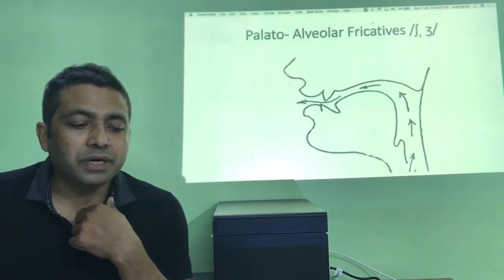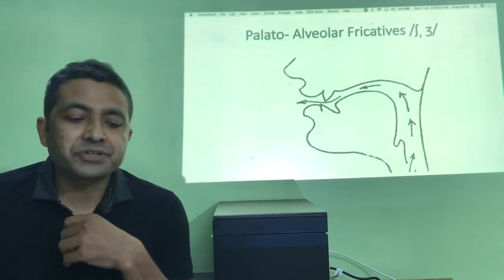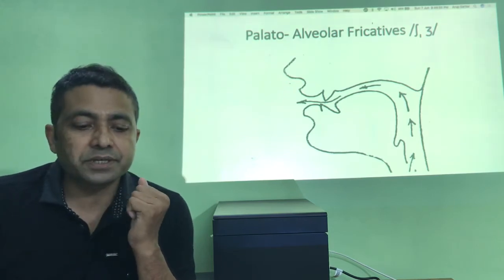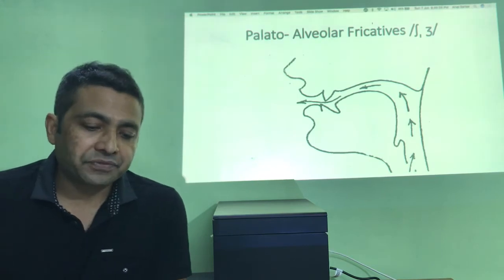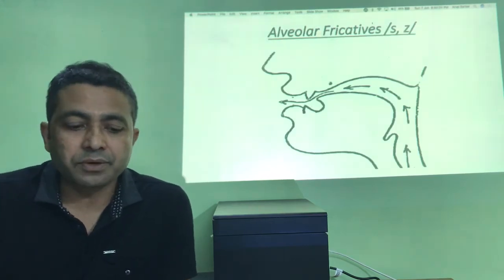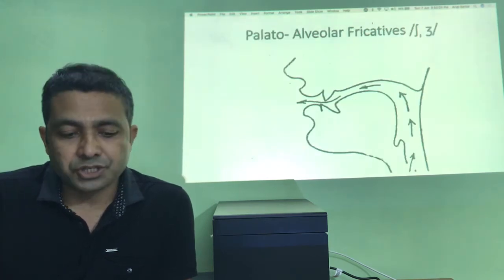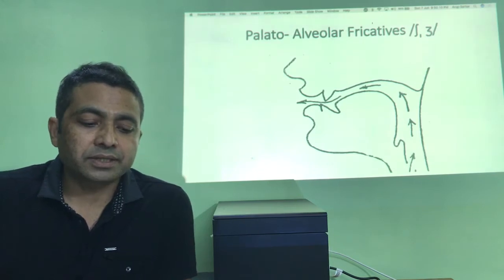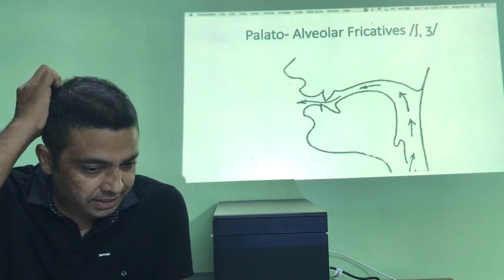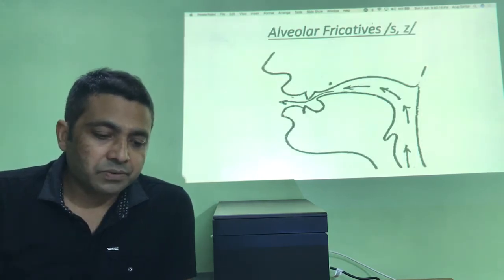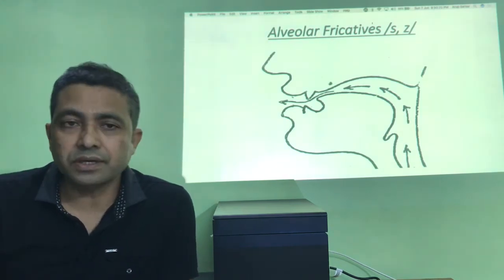Then we have palato-alveolar fricatives, two sounds, sha and ja. Very interesting. Most Indian speakers find it difficult to pronounce sha and ja properly, and we confuse them with sa and za. We often make these sounds similar, sa and sha, za and ja. The difference is exactly the place of pronunciation. When we pronounce sa and za, only the front of the tongue goes towards the teeth ridge.